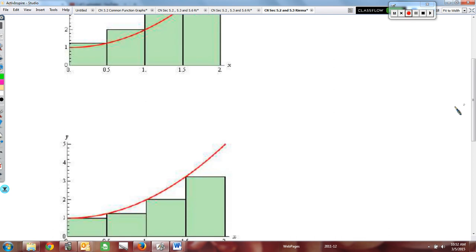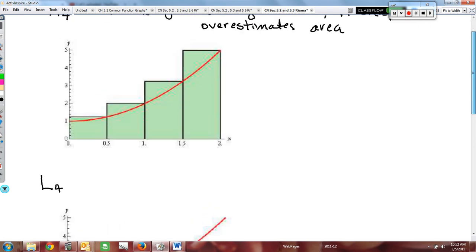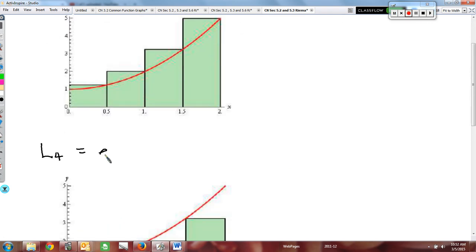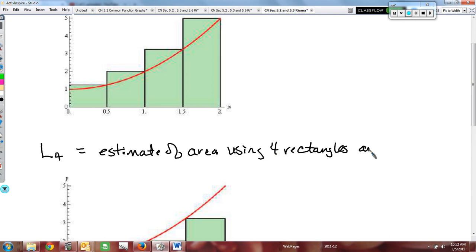Okay. In this case, and then we need to come back in and start thinking about what that case is. This is L4, and L4 is the estimate of the area using 4 rectangles and left endpoints. Okay, and this one is going to underestimate the area.